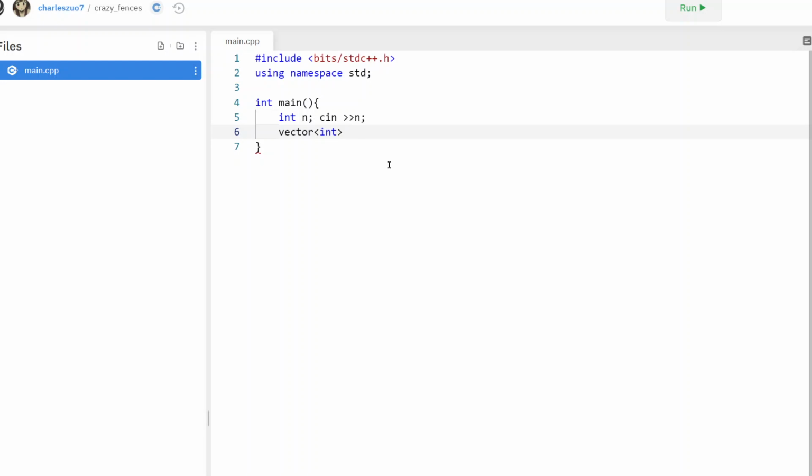So we have h and w. Actually, here, w means the height. So let's just use the variables the question gave us. So we have n plus 1 and n.